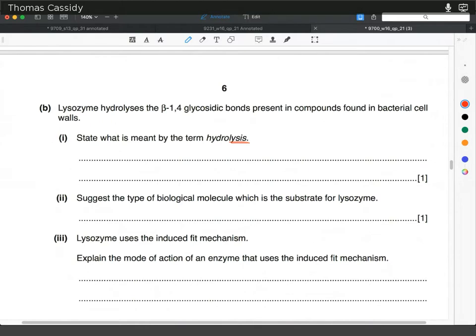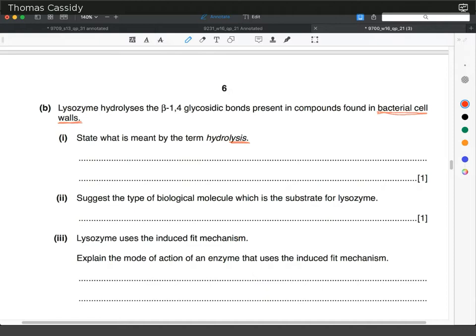Specifically, it says that it hydrolyzes bonds present in compounds found in bacterial cell walls. This is the kind of hint they're giving you when they're asking for the type of biological molecule. So it gives the answer peptidoglycan, which is the main component of bacterial cell walls.